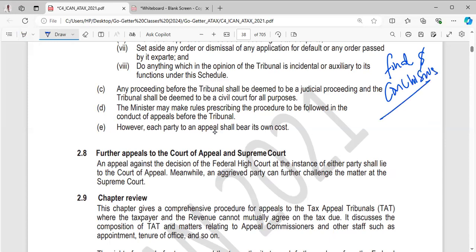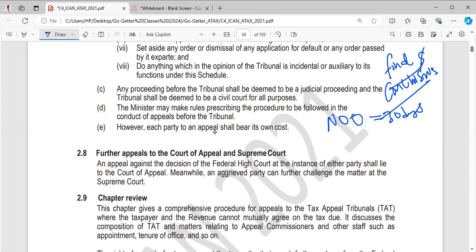So that's the language: final and conclusive. One, if there was no notice of objection within 30 days, it is final and conclusive. If there was an assessment and it was not objected to within 30 days, it is final and conclusive.